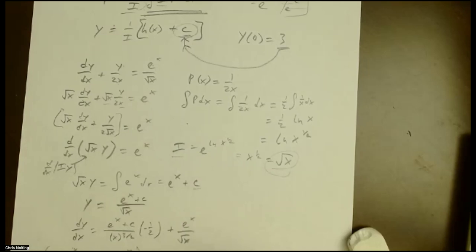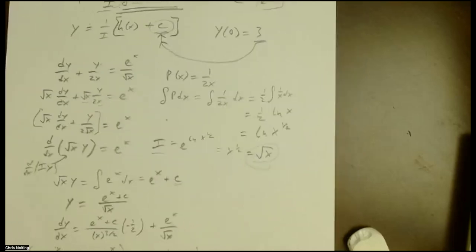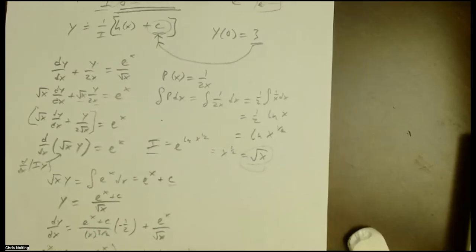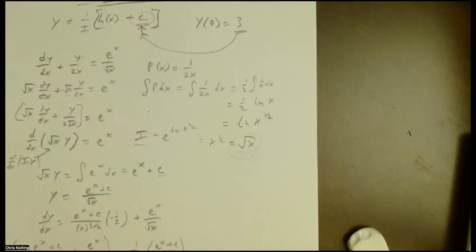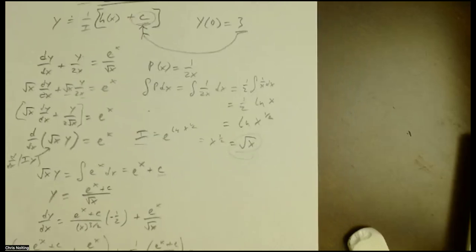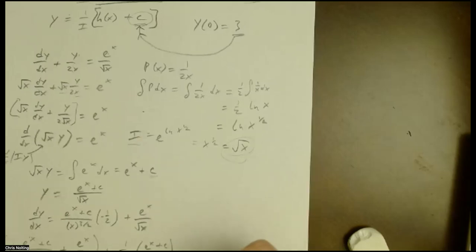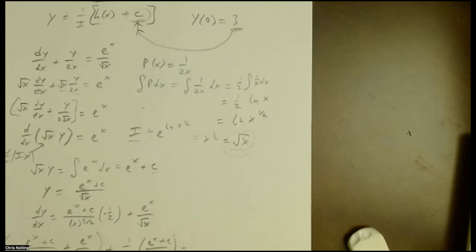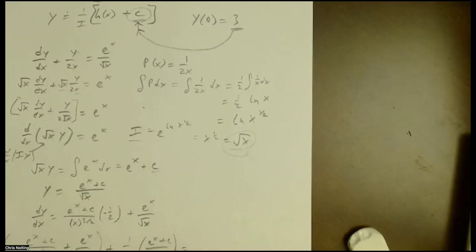Then we have to add to that y over 2x. So I'll put 1 over 2x out here, and y is e to the x plus c over root x. Does this equal e to the x over root x? So x times root x in the denominator becomes x to the 3 halves, and we get e to the x plus c over 2 x to the 3 halves for this term.